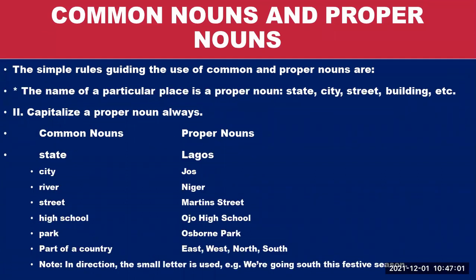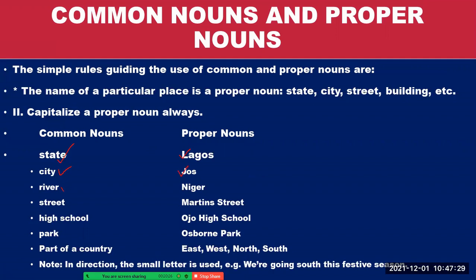Now, still on common nouns and proper nouns, you will understand that we have other examples such as state, all right? State is a common noun. Lagos is a particular state. City is a common noun. Jos is the name of a particular city, so it's a proper noun.